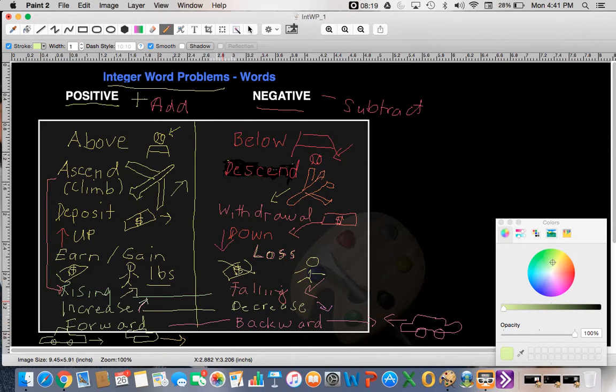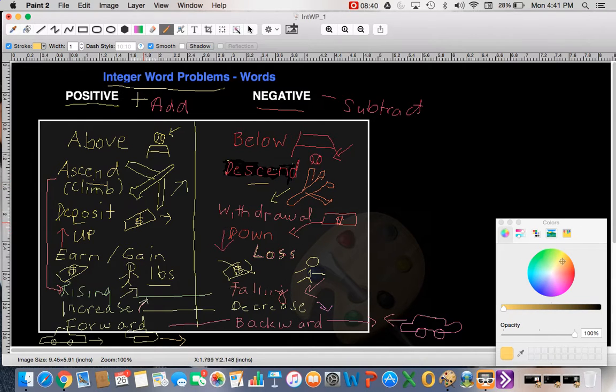So these are the integer words that you might encounter during exams or tests. Again, let's recap. Above, the opposite of above is below. Ascend, the opposite of ascend is descend.